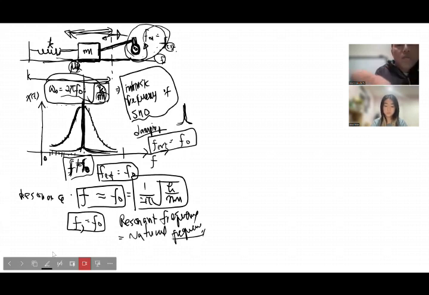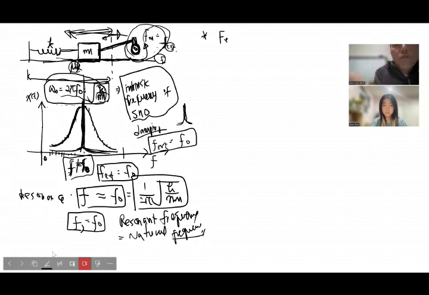So if you want to analyze this forced harmonic oscillator into some equation form, then you can apply the external force into the Newtonian system, Newton's law.